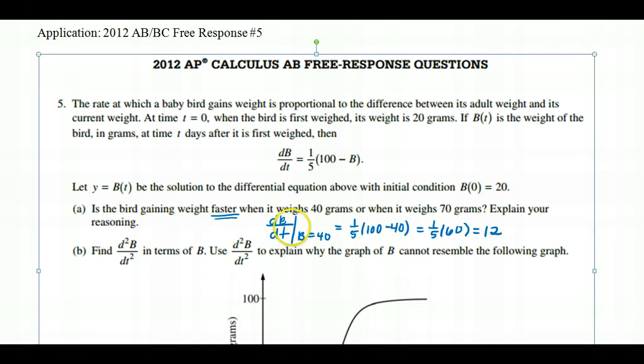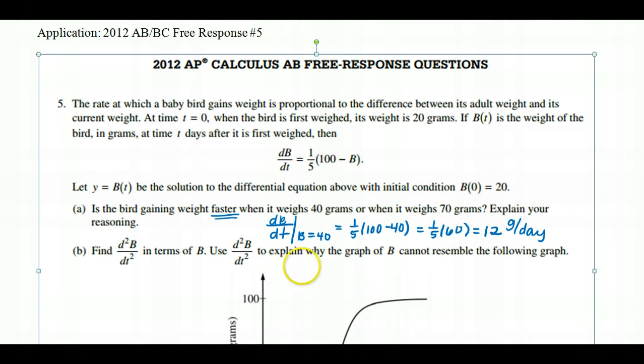Now, the rate of change, how fast the bird is gaining weight when the bird is 40 grams, is at a rate of 12 grams per day, right? That would be the units here. So the bird is gaining weight at a rate of 12 grams per day.